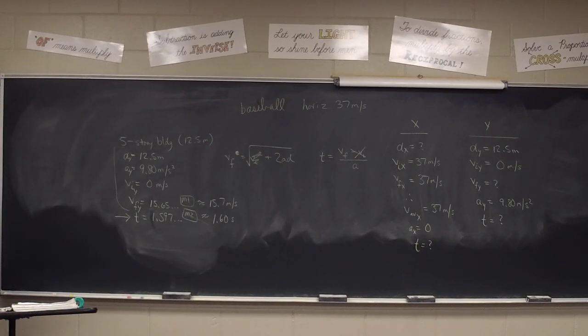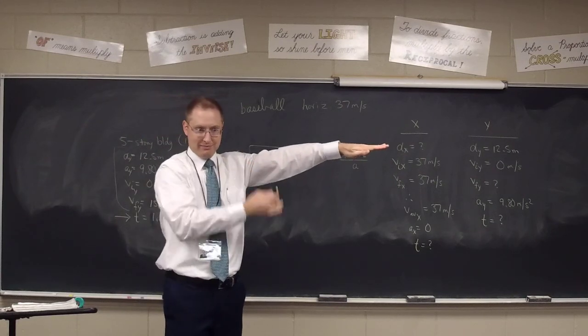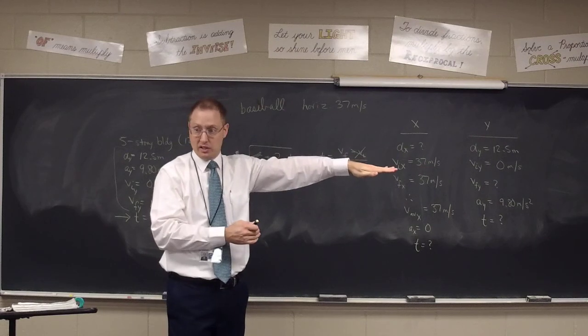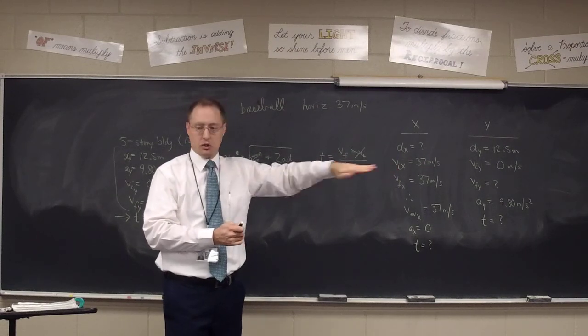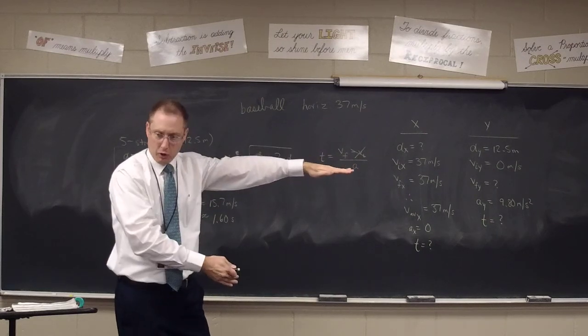But notice something. Does the x in any way affect the y? If there's air resistance, technically yes. But if there's no air resistance, the x in no way affects the y. If this is in a vacuum, forward motion doesn't do a thing to vertical drop.